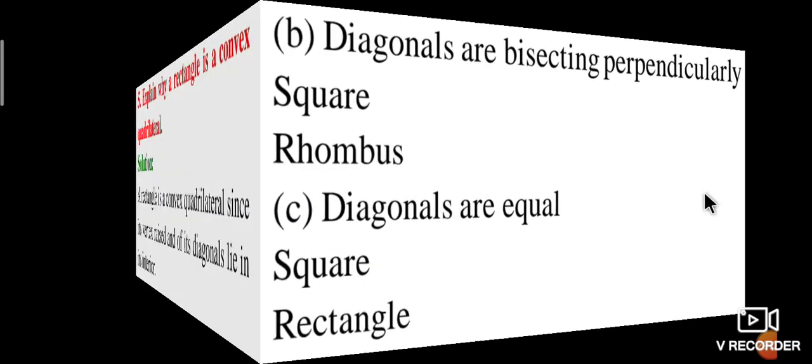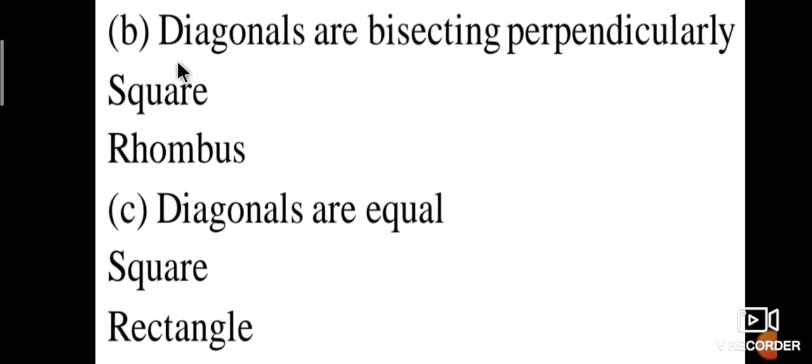Therefore, a rectangle is called a convex quadrilateral. Second, diagonals bisect perpendicularly in a square and rhombus; diagonals are equal in a square and rectangle.